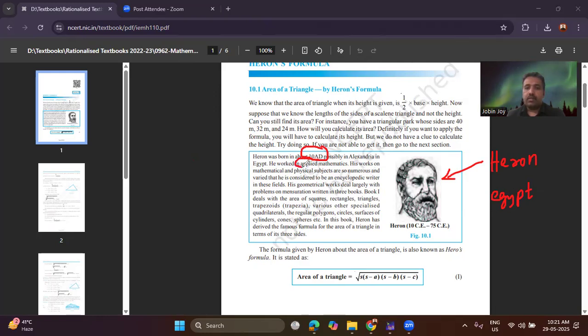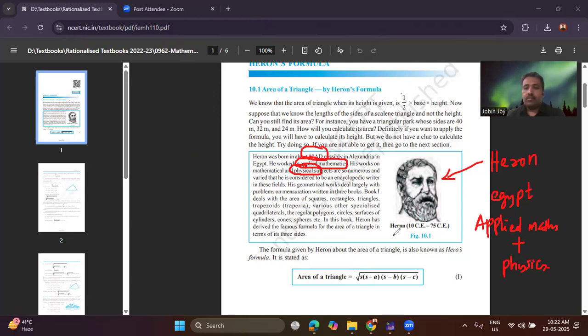His main work was in the field of applied mathematics and physics.